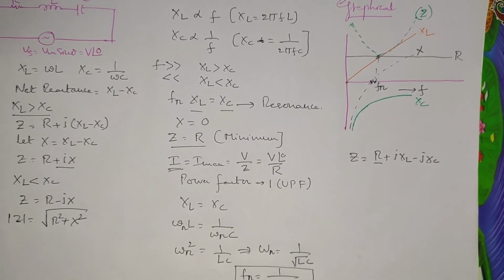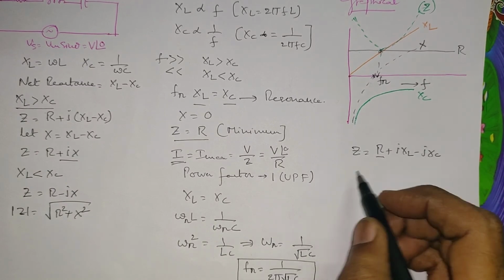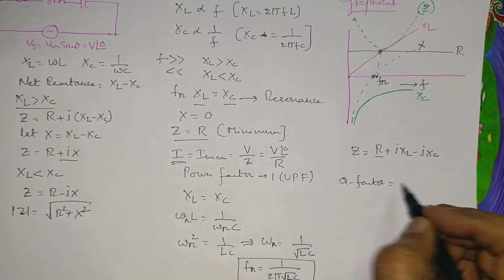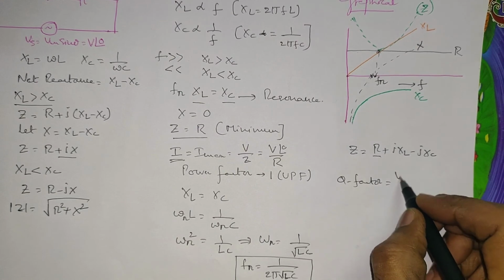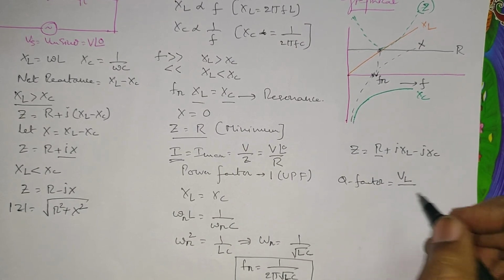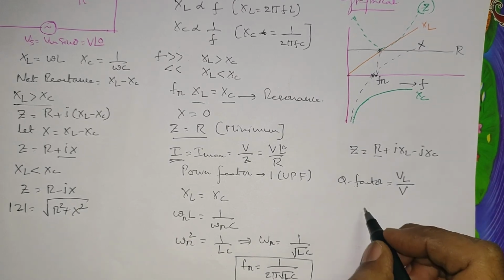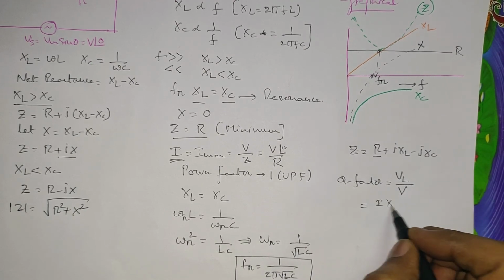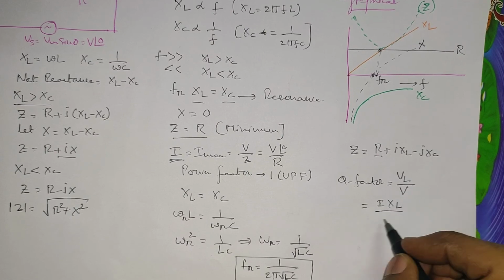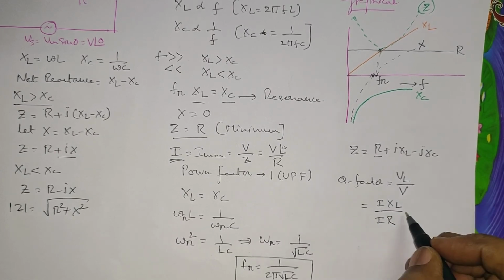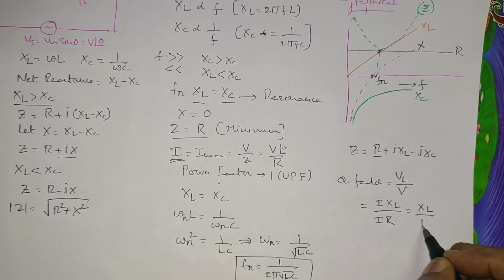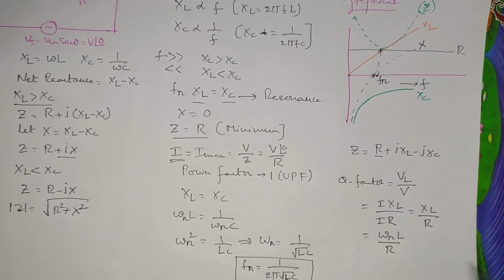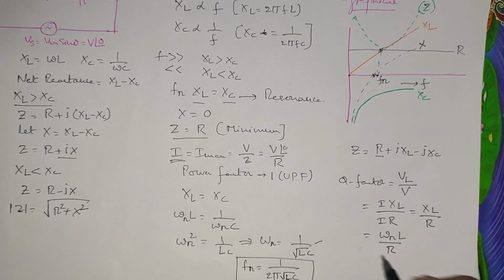And after that, here we can derive one more factor which is known as the Q factor of this particular circuit, which can be defined as the voltage across either the inductor or the capacitor divided by the total voltage V. It is the ratio between these two voltages, and we know that VL will be equal to I into XL divided by the voltage at resonance, which is given as I into R, so which will be equal to XL divided by R, and we know XL is equal to omega_R into L divided by R. Omega_R is equal to, as already derived, 1 by square root of LC.